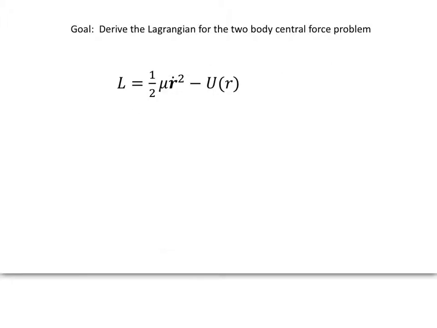Thus, in the center of mass frame, we would then write down our Lagrangian as just the relative kinetic energy term due to the relative position minus the potential energy set by the central force. This Lagrangian only has 3 coordinates instead of 6, which is a drastic improvement.